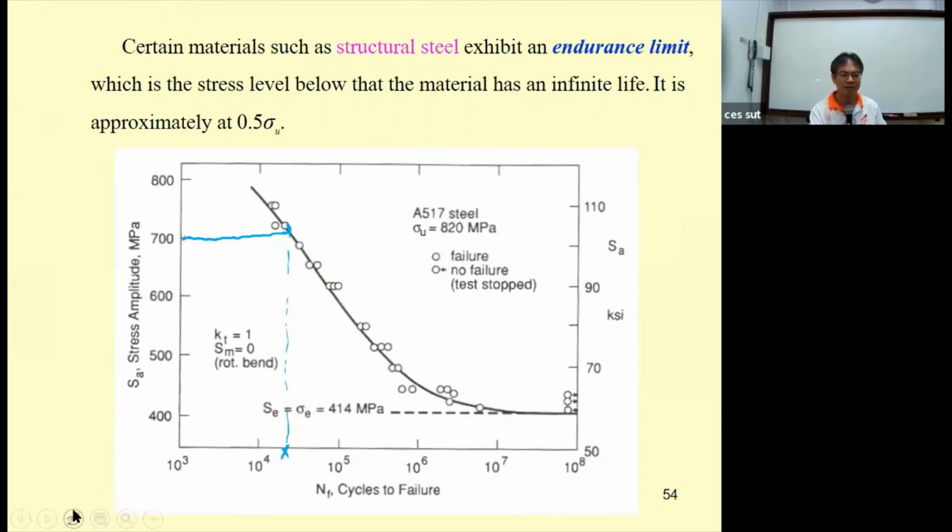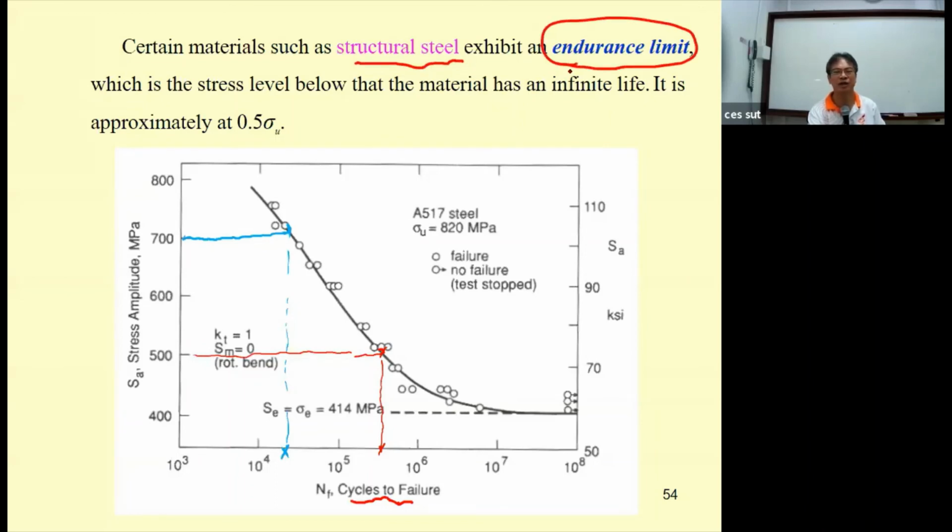But if you put a low stress into the aluminum specimen, the material can take more cycles before failure.